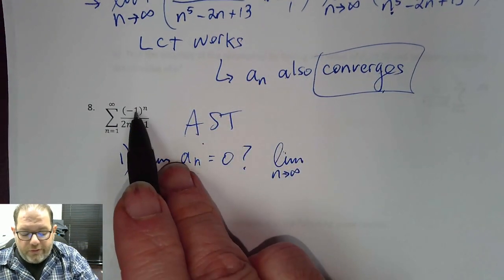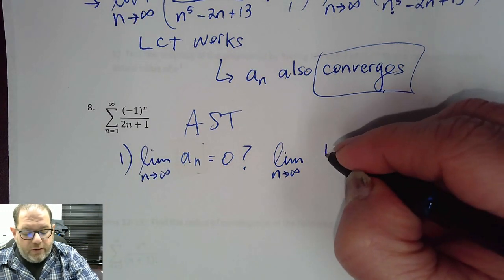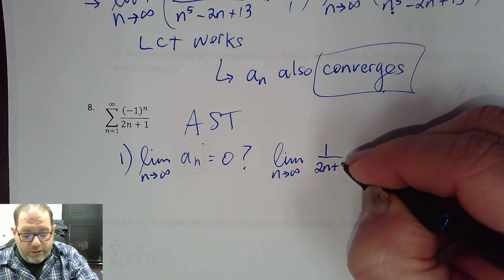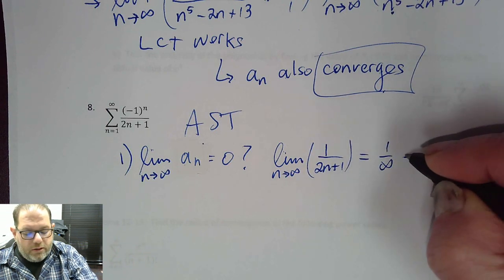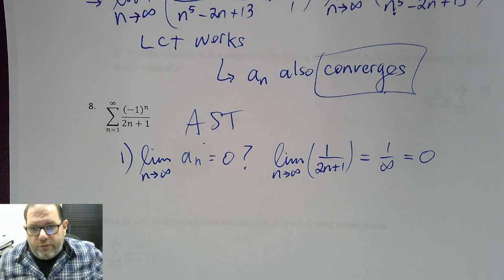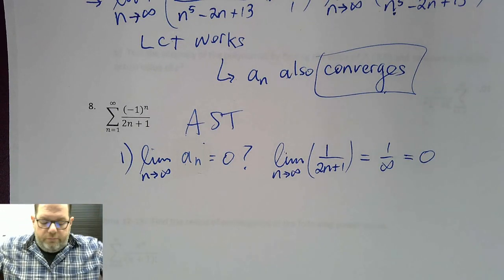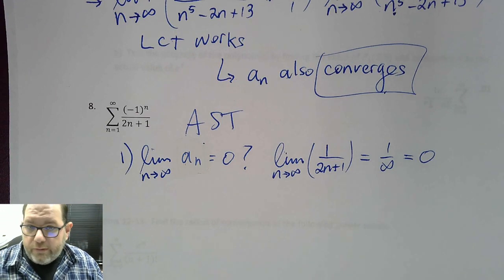So if we just leave out the alternating term, then the rest of that's a sub n, which is 1 over 2n plus 1 in this case. And we see that if we plug in approaching infinity, we get 1 over infinity, so it is going to go to 0. So that's the first thing.